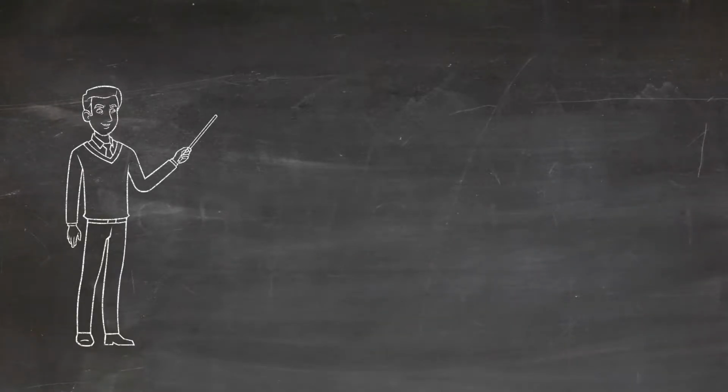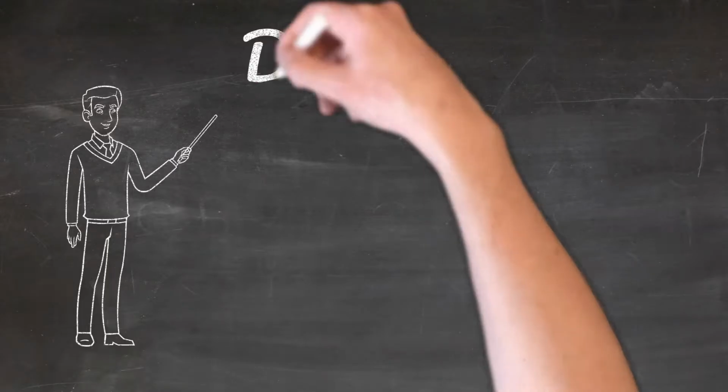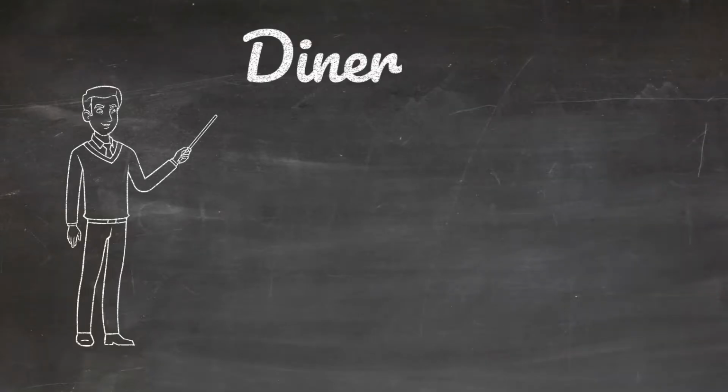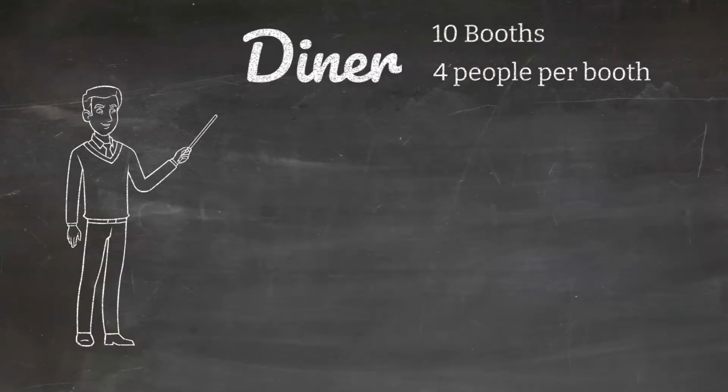So let's go over this sample problem that only 5% of the country was able to get right. So there's this diner, and in the diner there are 10 booths. Each can only sit 4 people.